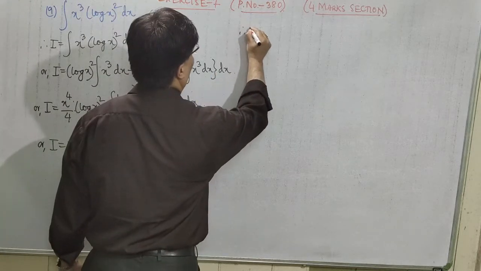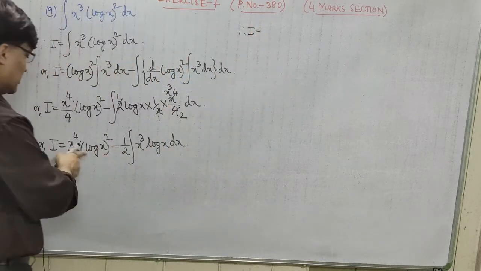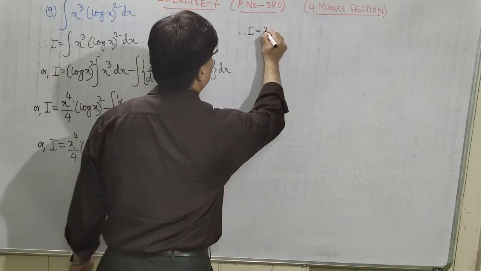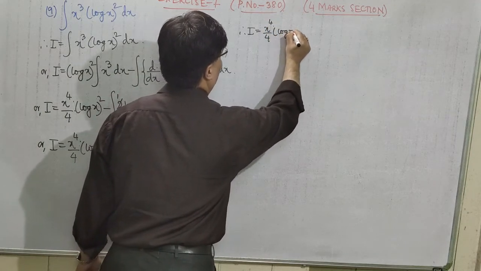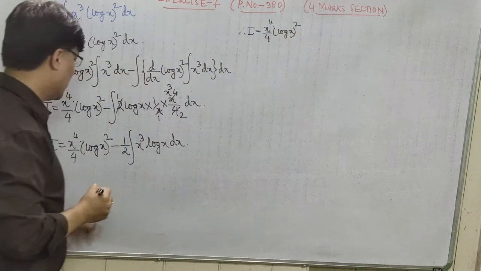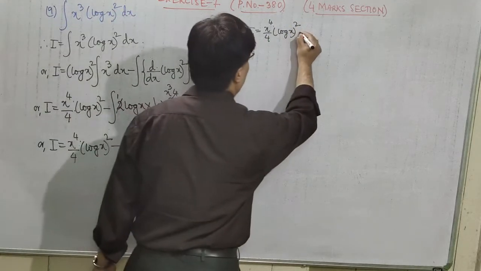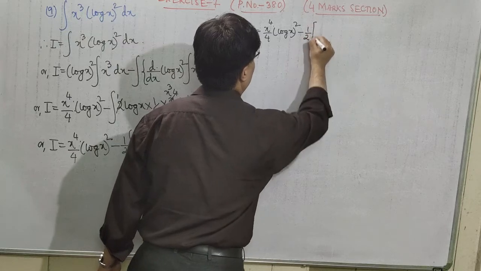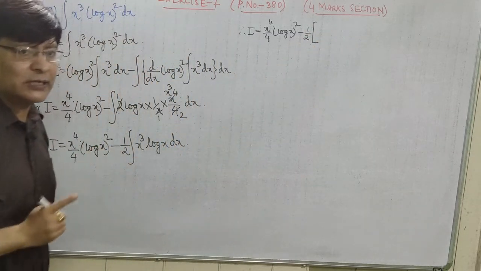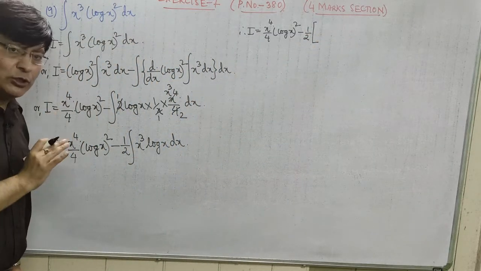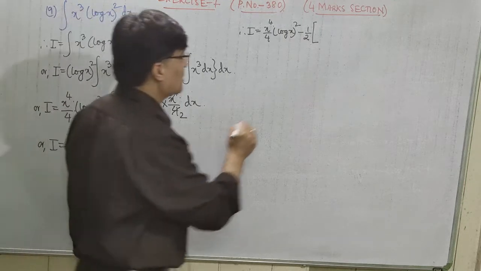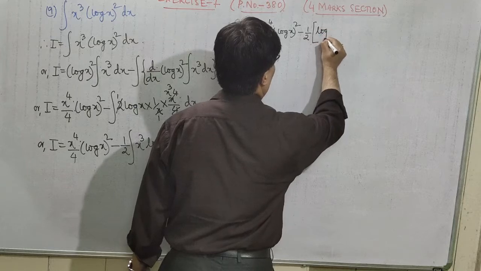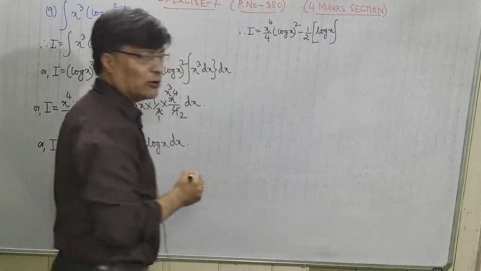So therefore I is equal to, first function is kept as it is, that is x to the power 4 by 4 into log x whole square. Okay, minus half is constant. So you have to use by parts within third bracket, because there is minus half. So you have to use integration by parts within third bracket. So which is the first function? Log x. Log x is the first function, it is taken outside.